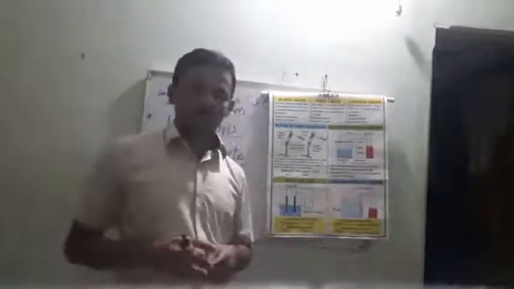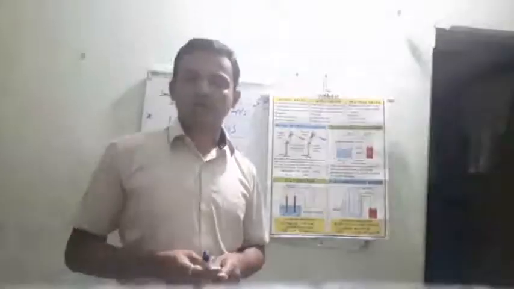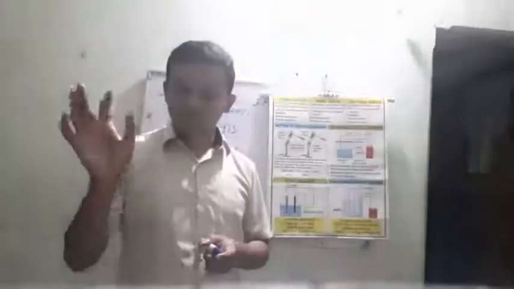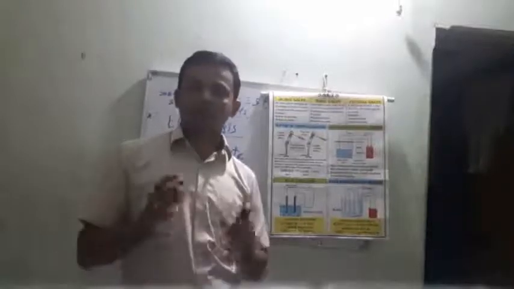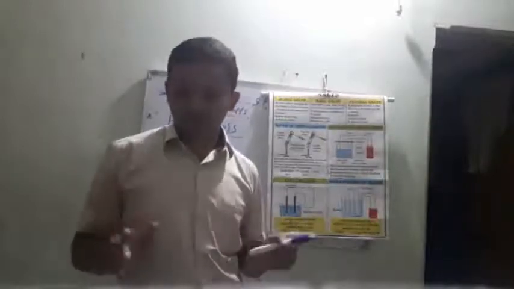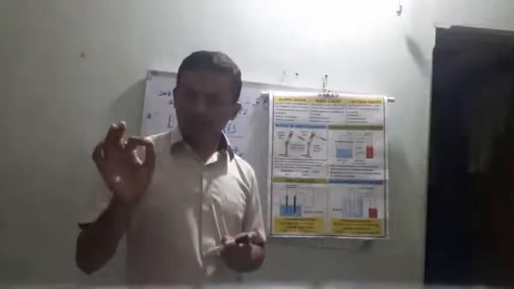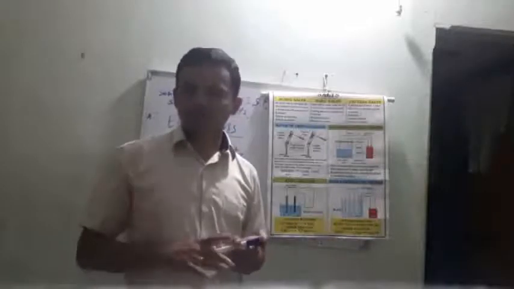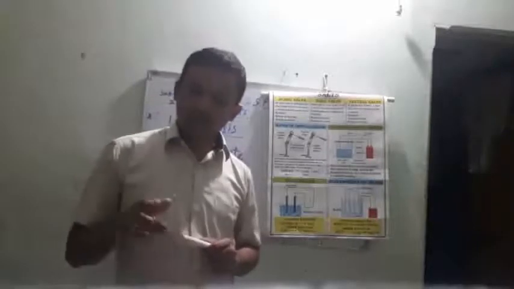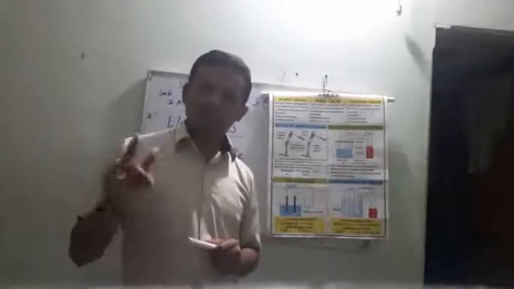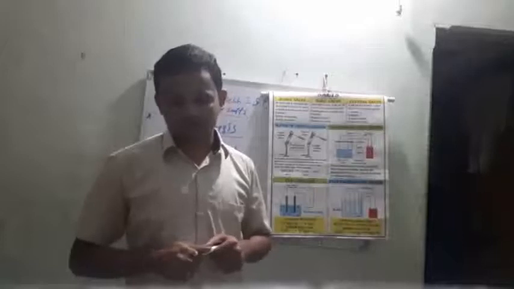Now, in another way we can define electrolysis. Electrolysis is the dissociation of an electrolyte, that is salts, strong acids and strong bases, into ions at the electrode by the passage of electric current.